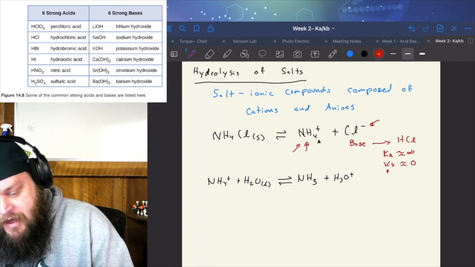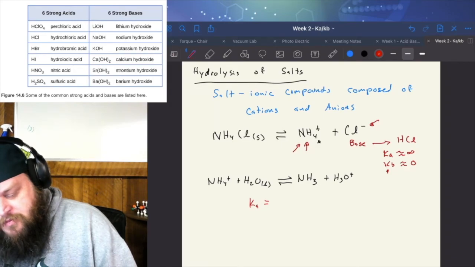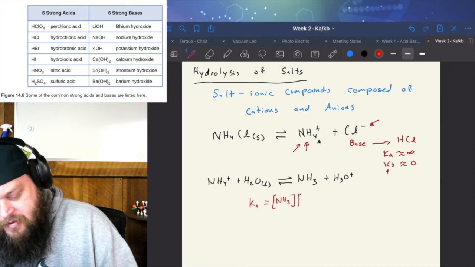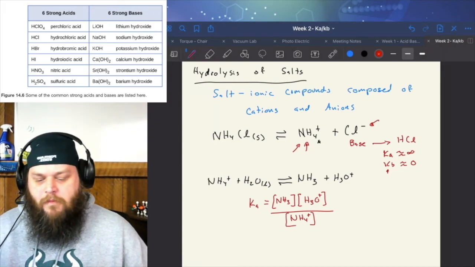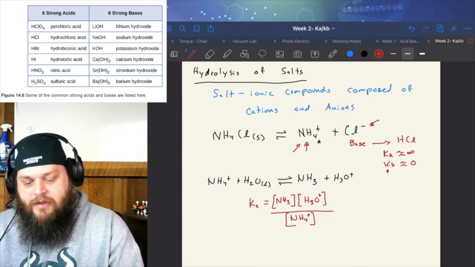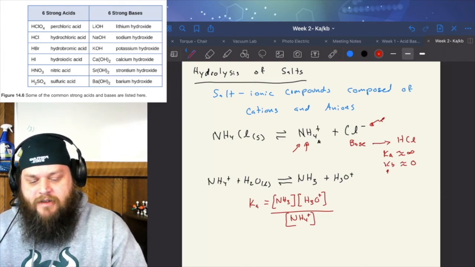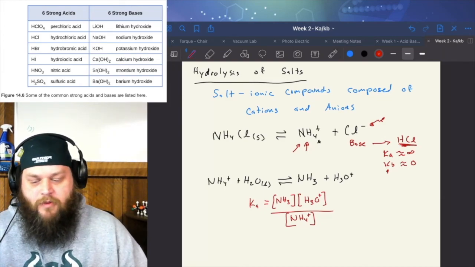Then we can write a Ka value for this, where Ka is equal to the concentration of NH3 times the concentration of H3O plus, divided by the concentration of NH4 plus. That's how it would dissociate, and why the chloride doesn't really work, because its conjugate acid is a strong acid in that case. So we don't really have to worry about that.